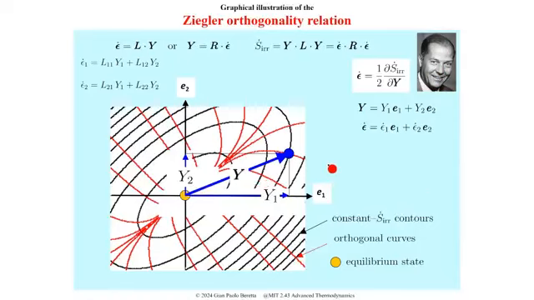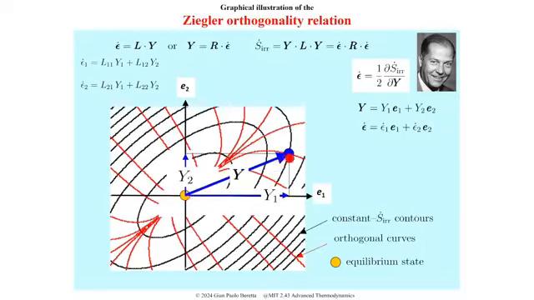And this is the pictorial representation of his orthogonality relation. So suppose we have two reactions. And this plot wants to represent on a plane the affinities.